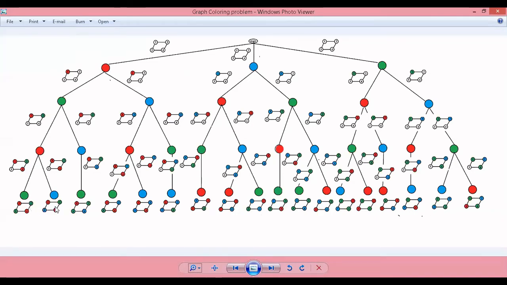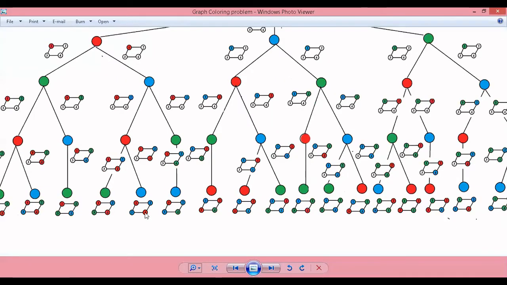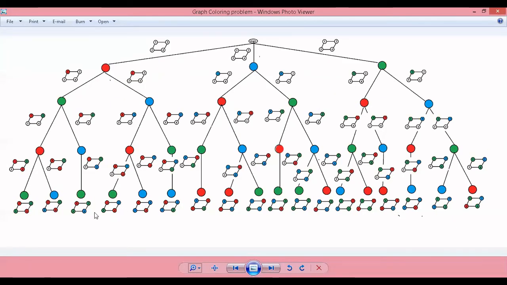I'm counting it: 1, 2, 3, 4, 5, 6, 7, 8, 9, 10, 11, 12, 13, 14, 15, 16, 17, 18. 18 solutions are there. 18 ways you can color this graph. Understood, students?